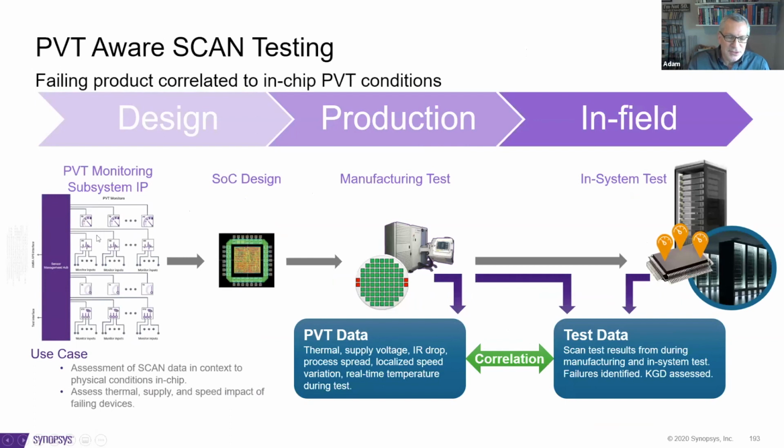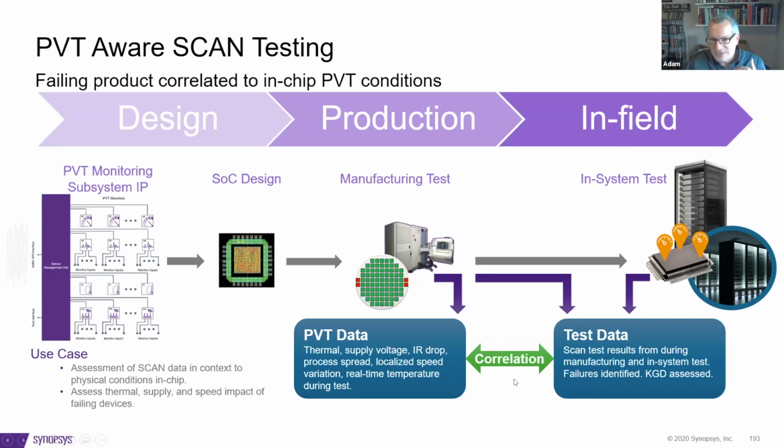Again, the sensors are dropped in: process, voltage, and temperature sensors. We even have a group of temperature sensors and other monitors that can be dropped in, along with a management hub to get data in and out. And all this sensor data can then be used to help correlate what's actually going on in the tester with what's being seen inside the chip.